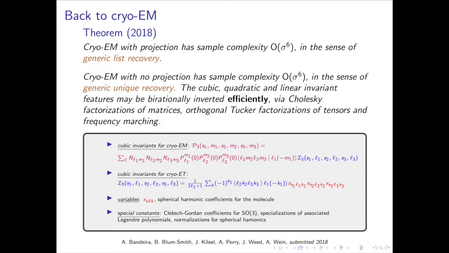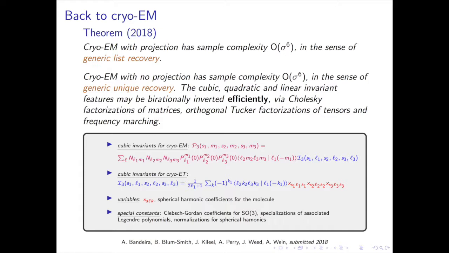And moreover, we gave an efficient way to invert the cubic, quadratic, and linear invariants. Okay, so just to point out that the cryo situation is much harder than the multi-reference alignment problem.